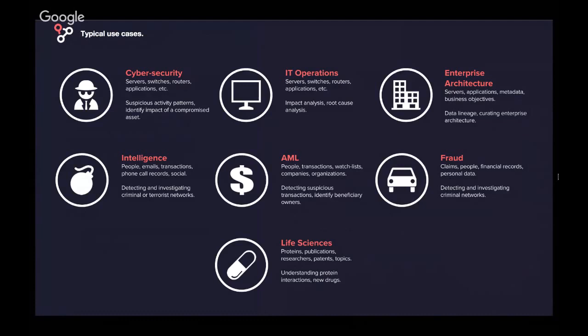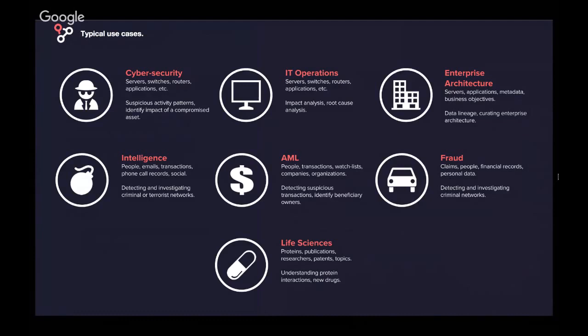With the same sort of data, we see organizations optimizing IT operations, doing impact analysis or root cause analysis with graph technologies. In the field of enterprise architecture, it's more about the connections between servers, applications, but also metadata or business objectives. And here we see graph technologies being used for things like data lineage or to curate and manage an enterprise architecture.